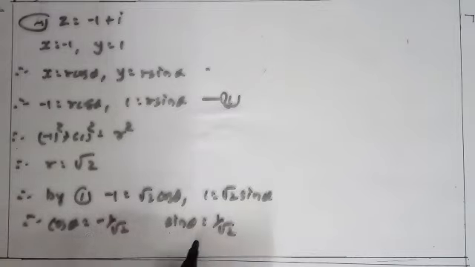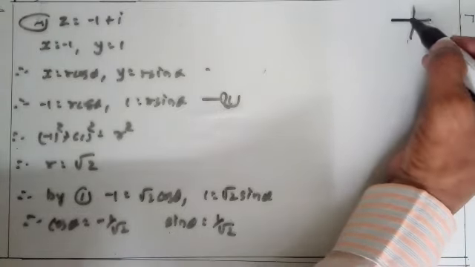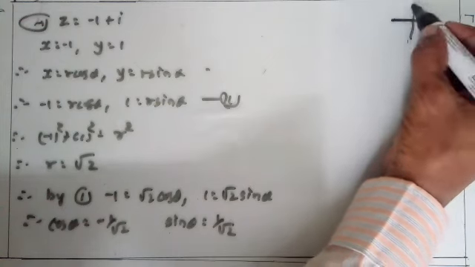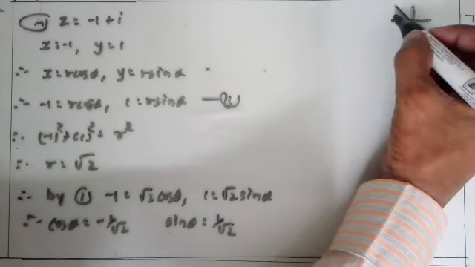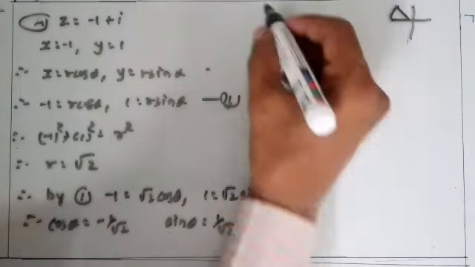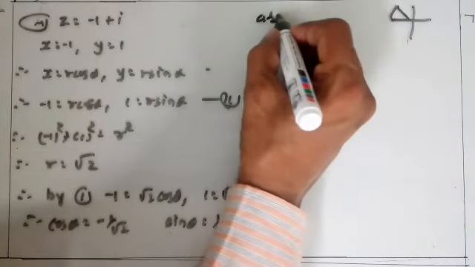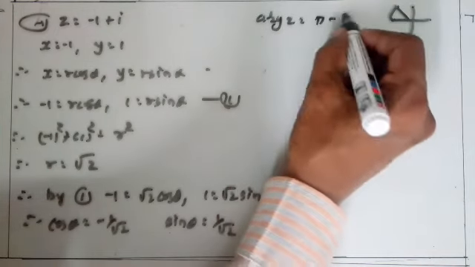Cos is negative, sin is positive. This happens only in the second quadrant. So the value of the argument becomes pi minus pi by 4. So the argument of z is equal to pi minus pi by 4.